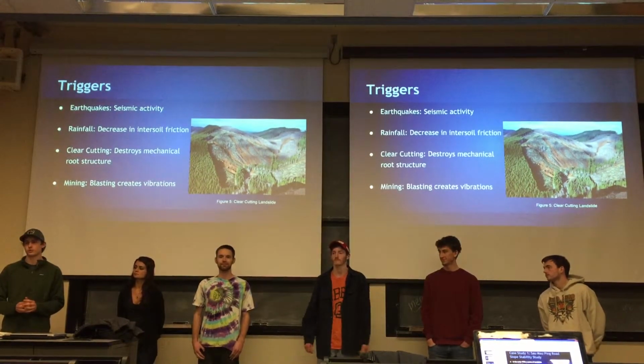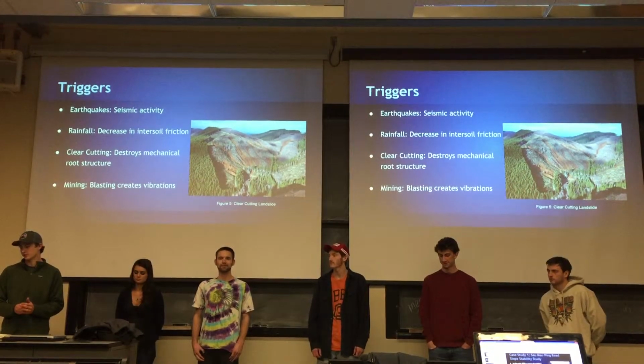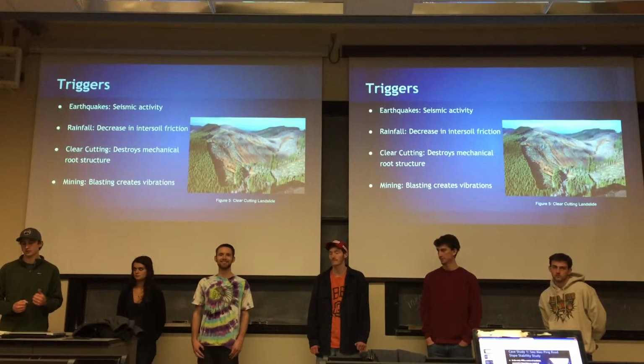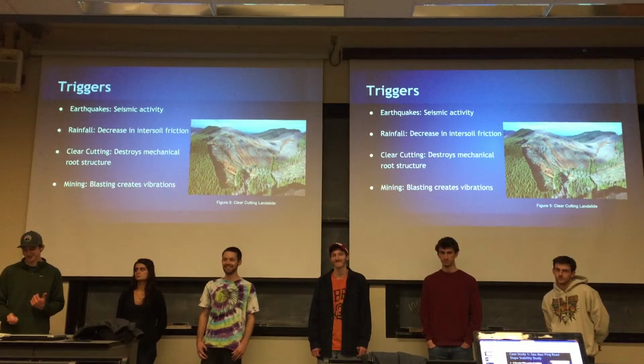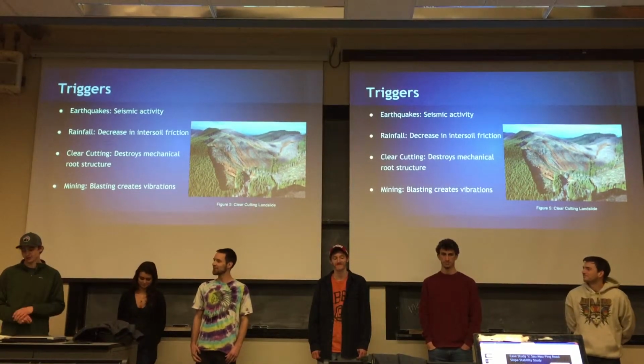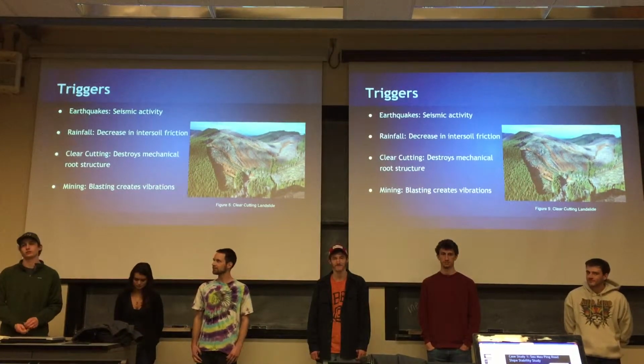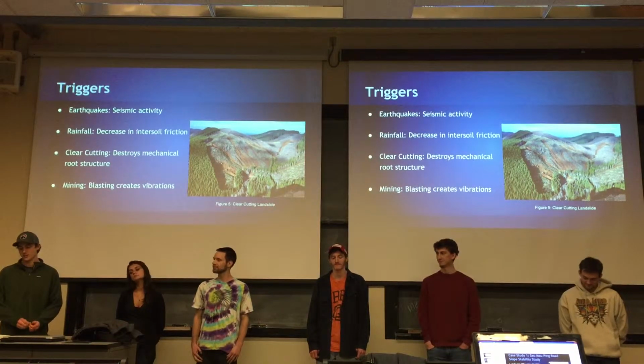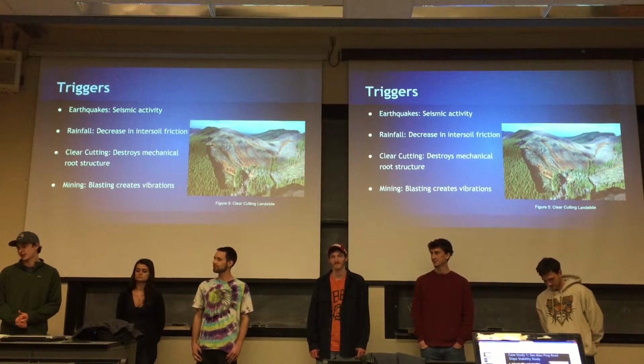Rainfall, as Brian talked about with the water in the soil, can decrease the intersoil friction. With heavy rainfall, the soil becomes saturated and it reduces the soil cohesiveness, and it will decrease the angle of repose, and so it makes that soil more prone to a landslide.